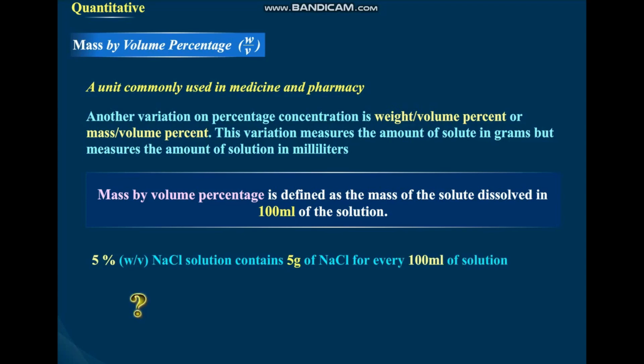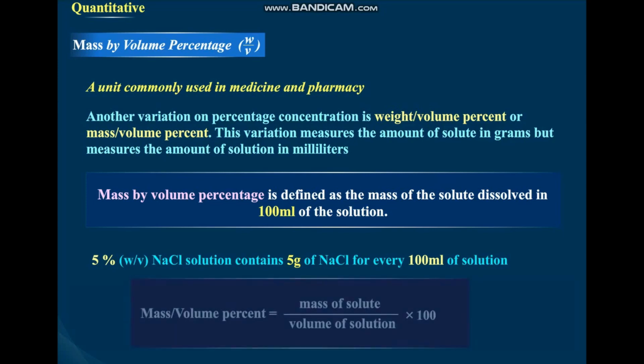So a 5% NaCl solution, this is quite clear, the solute is sodium chloride, whose mass is given, it is 5 grams, and the solution is 100 ml. Mass by volume percentage is equal to mass of the solute divided by volume of the solution into 100.